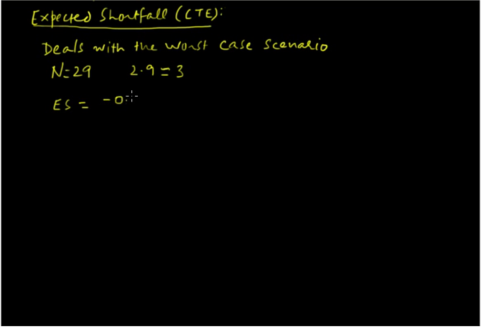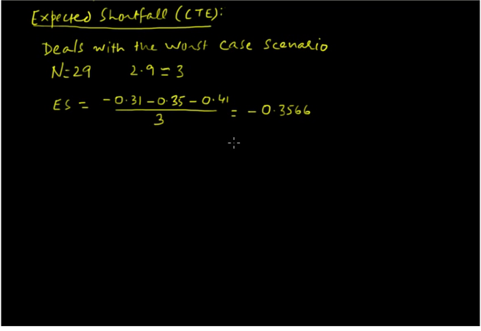Minus 0.31 plus minus 0.35 plus minus 0.41, divided by 3. This gives us minus 0.3566.